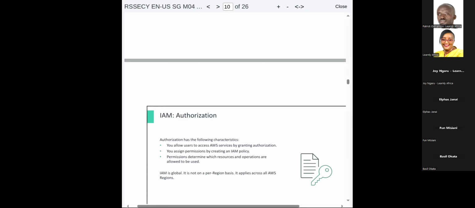So guys, access keys, what are they for? Accessing the EC2? Those are key pairs.